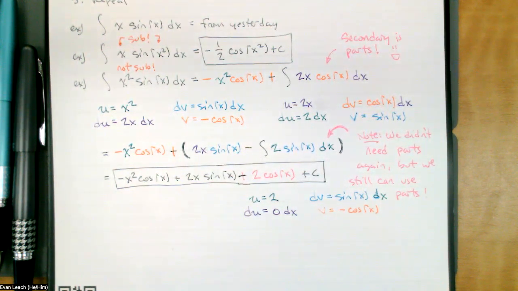This means that our next term will be uv minus the integral of v times du, but that integral of v times du will be 0.